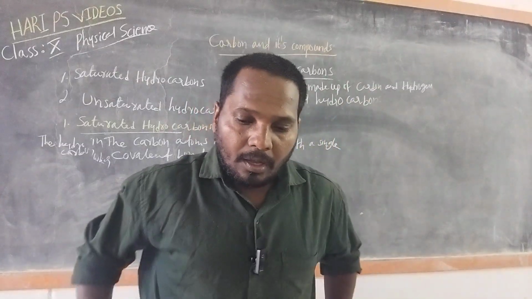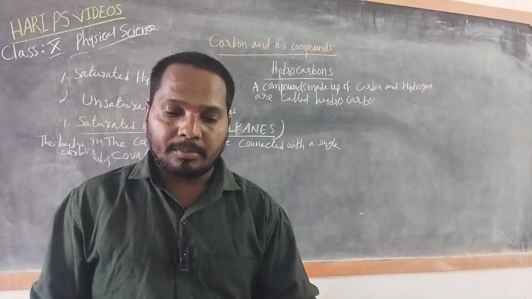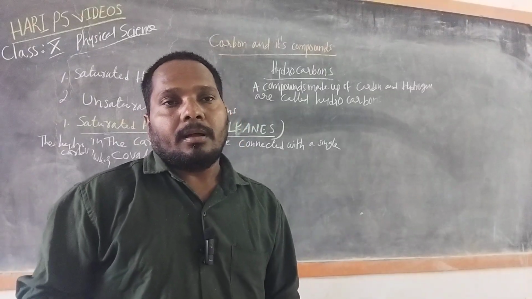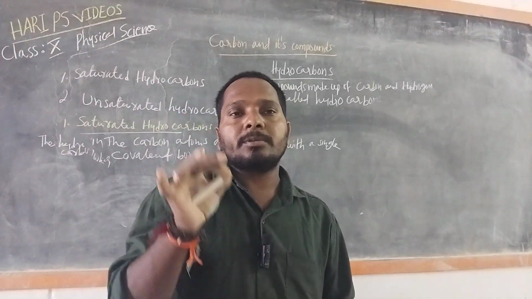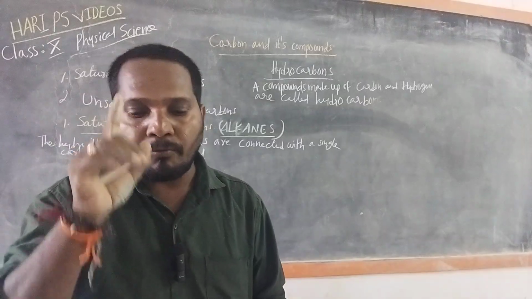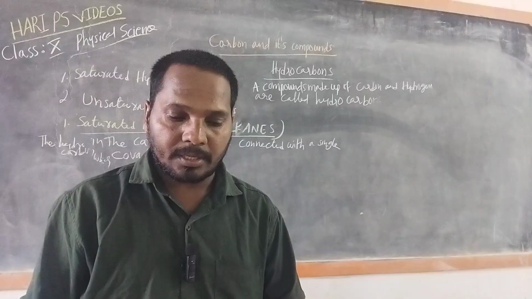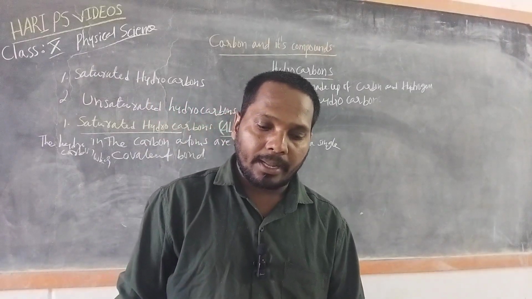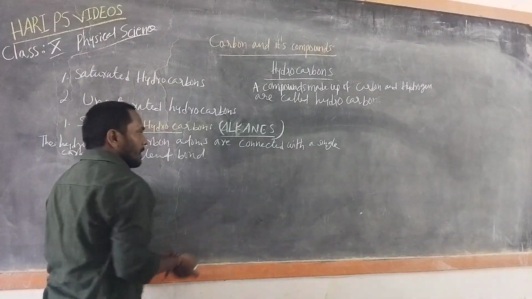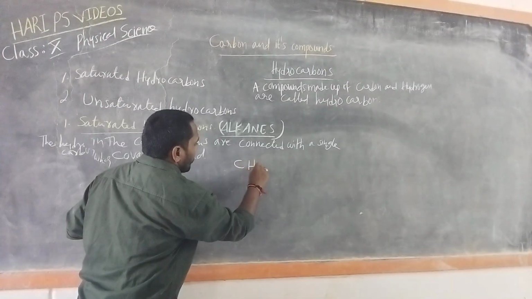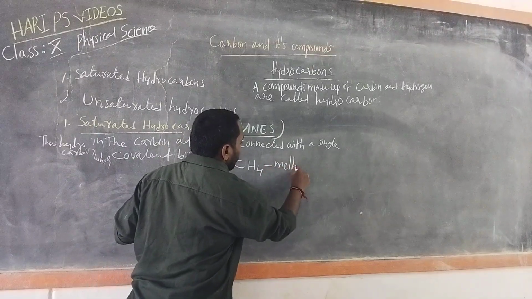So alkanes are hydrocarbons in which the carbon atoms are connected by only single covalent bonds. Examples for alkanes: CH4, this is named methane.